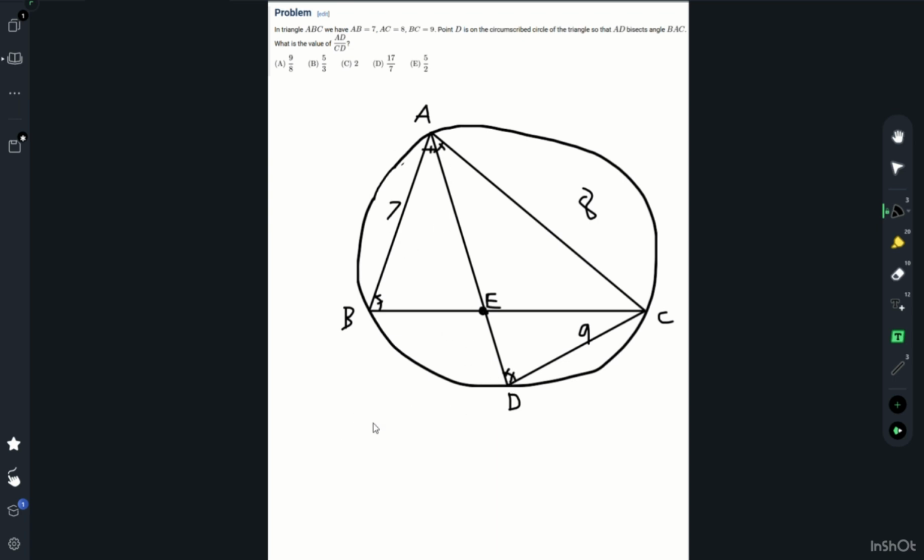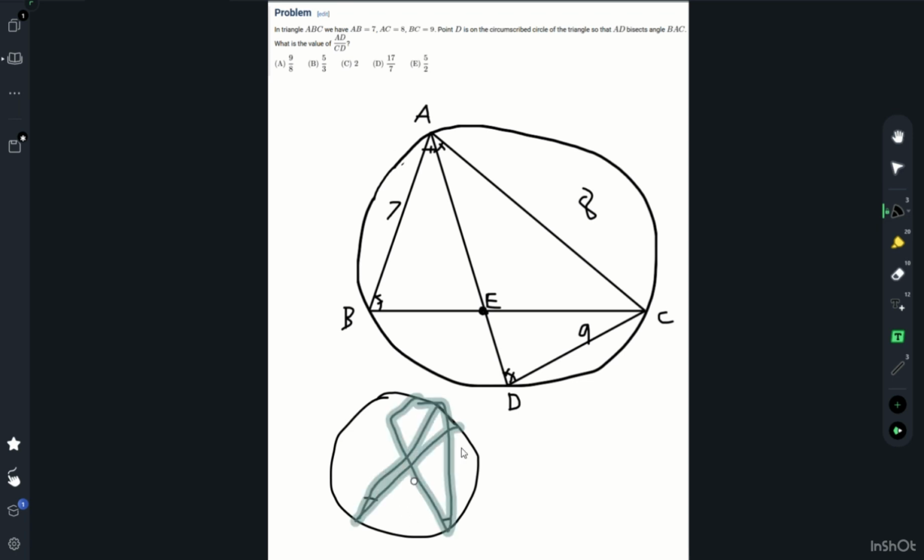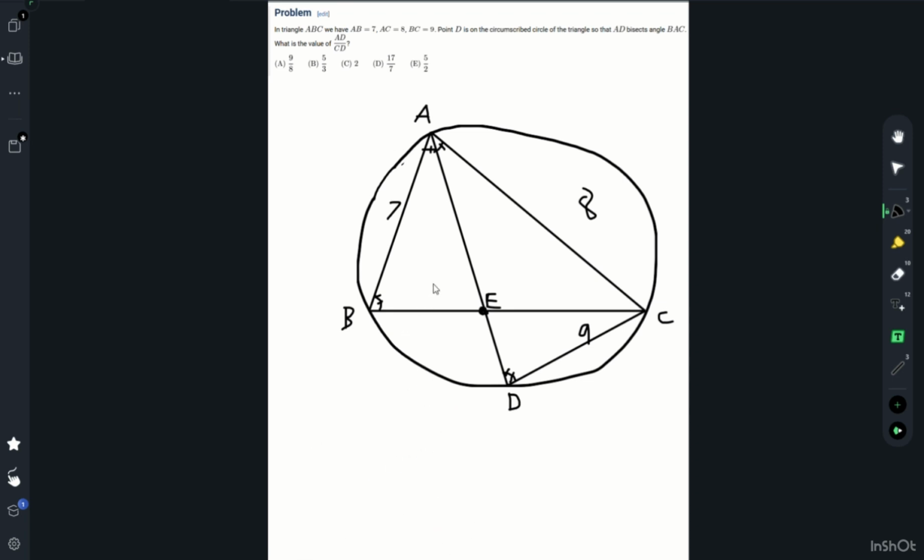Because in a circle, when we have a triangle like this, usually these angles would technically be the same. It's kind of difficult to explain, but anyways, because these two angles are equal, we can use the AA similarity.